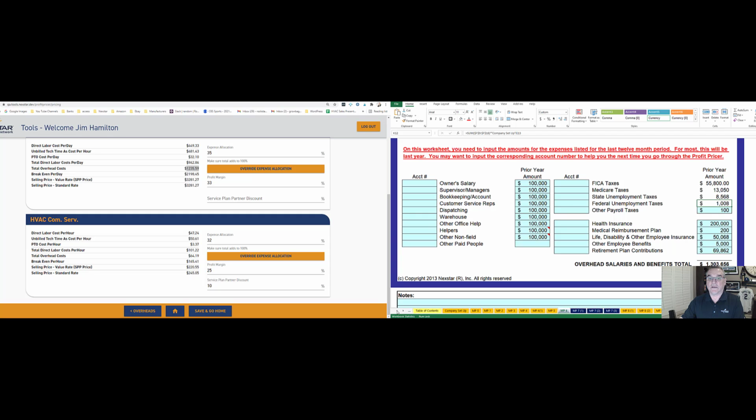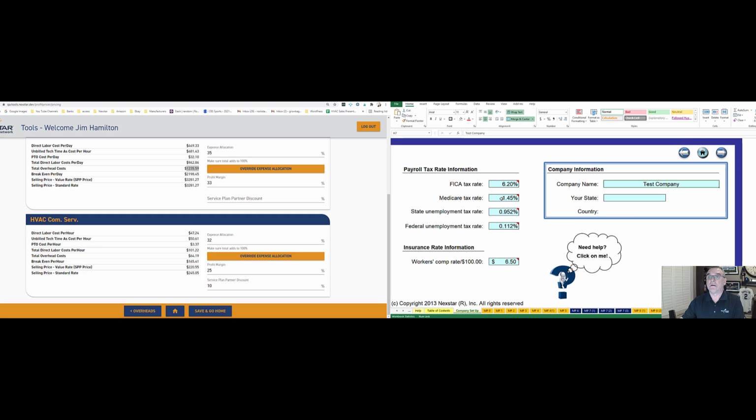What does that look like? Yes, so that would be E9, E7, E9, E11, E13. So yes, it is picking all those up the same way.